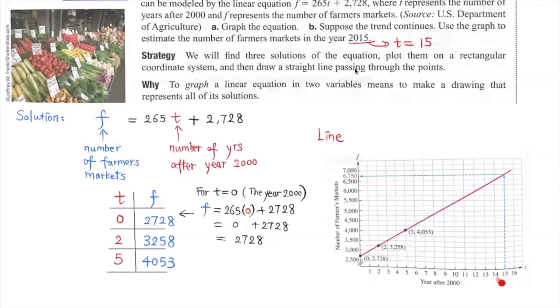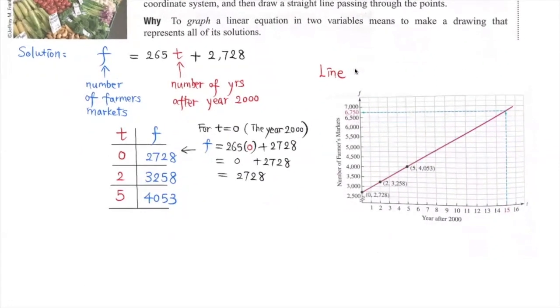We locate 15 here, go up and hit the graph, and look to the side and see the number of farmers markets is about 6,750. So we predict that in the year 2015, the number of farmers markets will be about 6,750. If the trend continues, then we can actually predict what's happening in the future. Okay, so that was the first example.